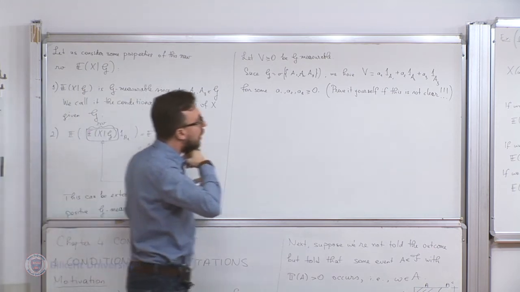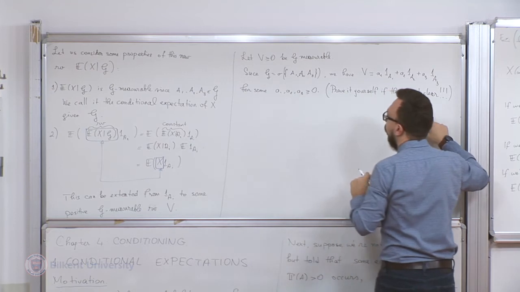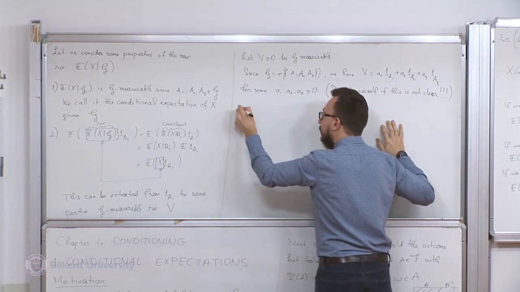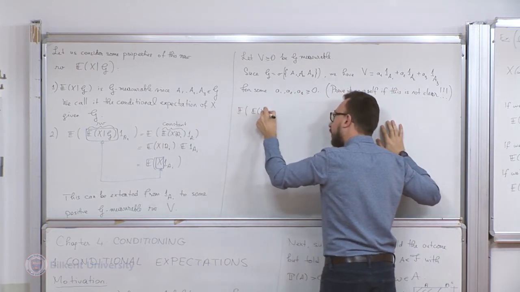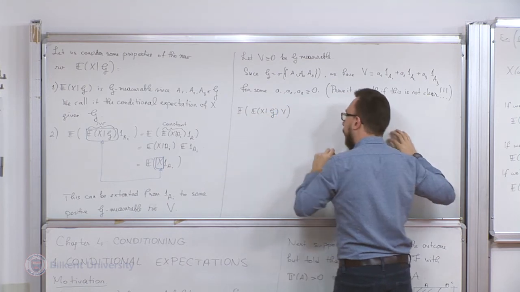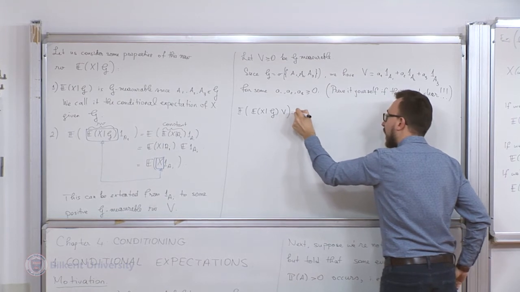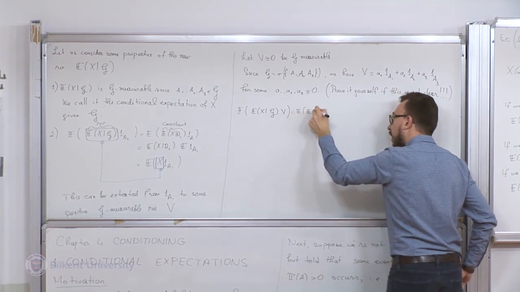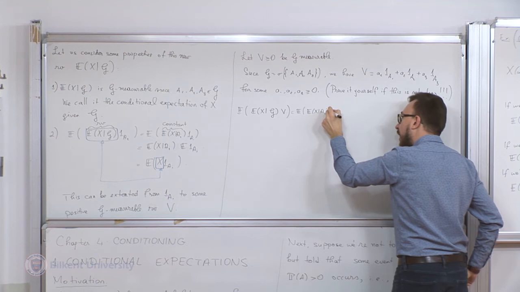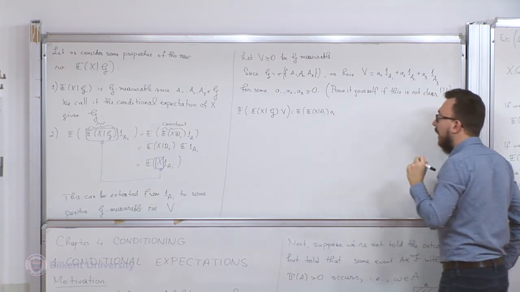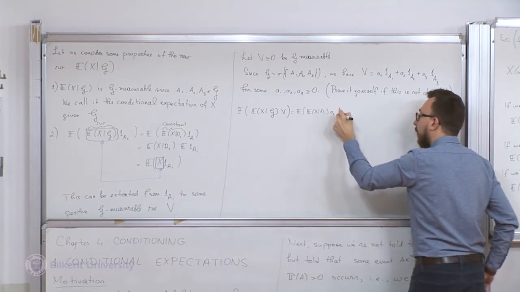So now, what are we going to have? We're going to look at this expression, right? X given G times V. Well, X given G is also a G measurable thing, and it takes those values on A1, A2, A3. So there are only 3 possibilities, right? I can look at those things in A1 with the value little a1 on the set A1.